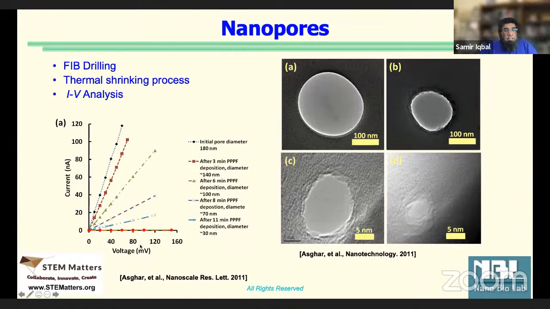The left-hand side shows that as the pore shrinks, the resistance increases. So we start with a lower slope. This is just voltage current, Ohm's law. But as the pore becomes smaller and smaller, the current through it keeps on going down. Resistance keeps on going up, right?